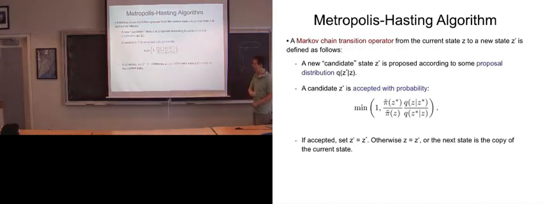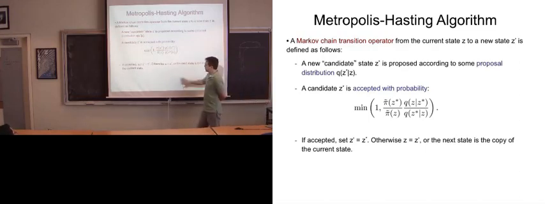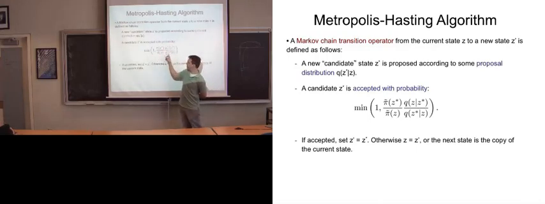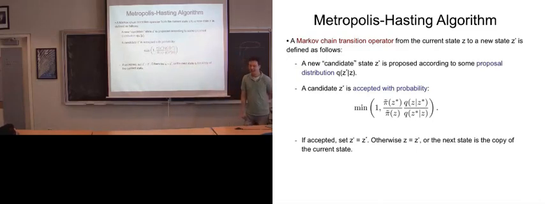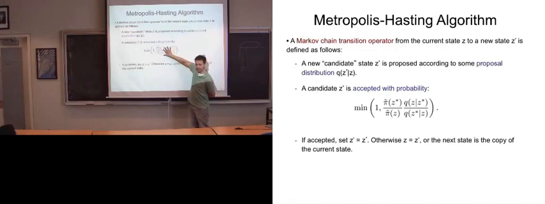We'll look at some of the examples and see why this is important. It's a correction term. Obviously that's going to be a number. Okay. We take the minimum of that number and 1. Obviously we can't go beyond 1. And then we're going to be sampling according to this probability.